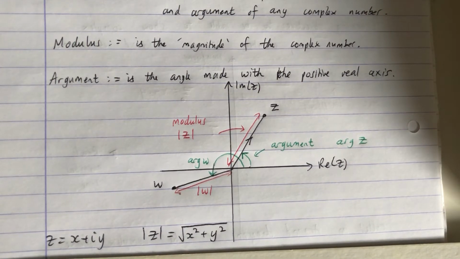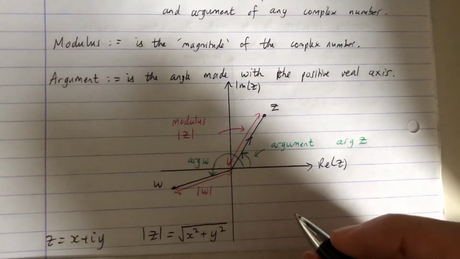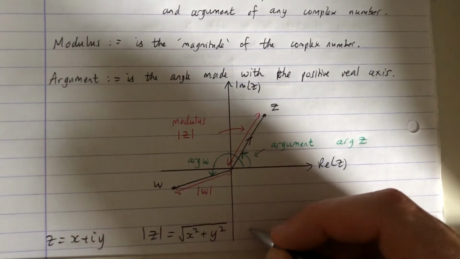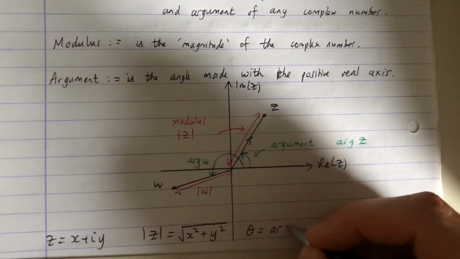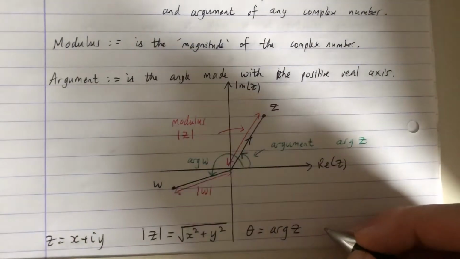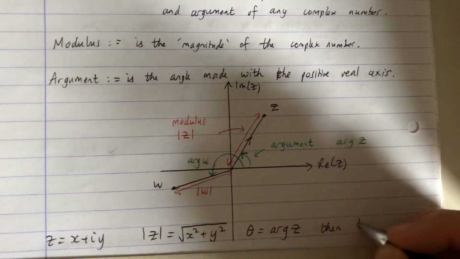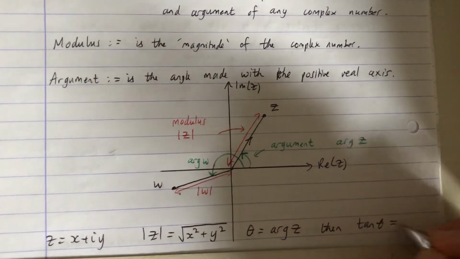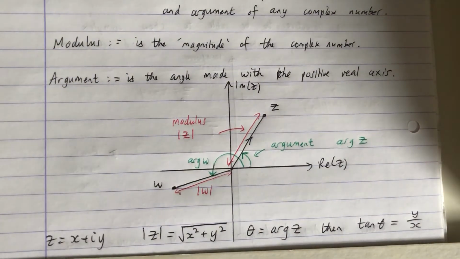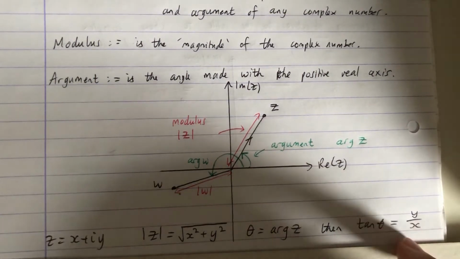And secondly, if theta is equal to the argument of z, then tan theta, connected to trigonometry, is always y over x. Tan theta is equal to y over x, which is effectively the imaginary part divided by the real part.